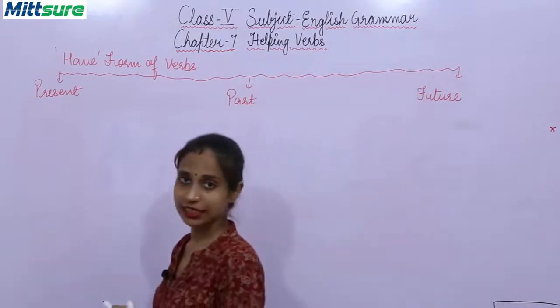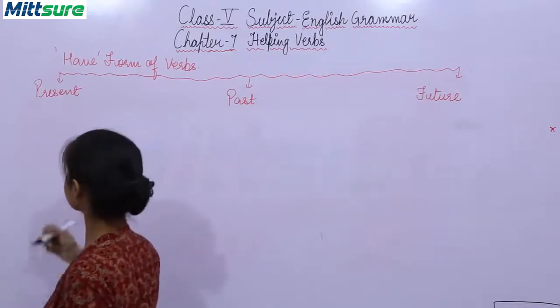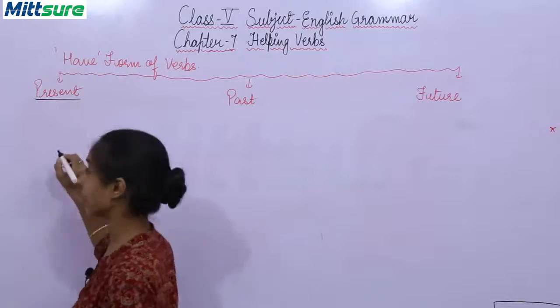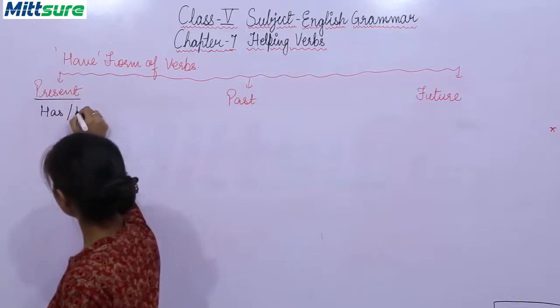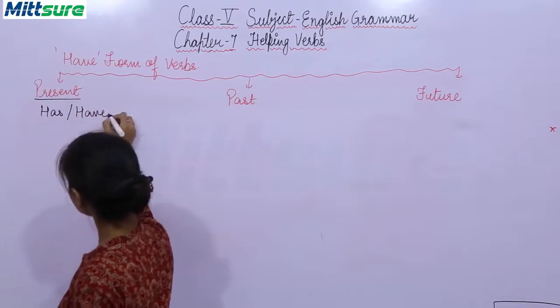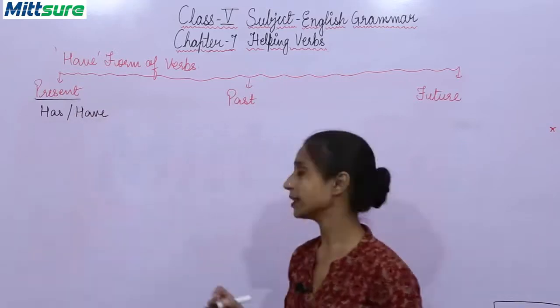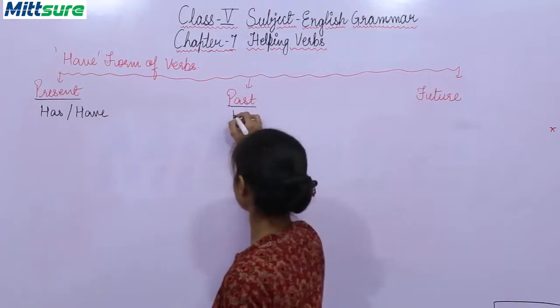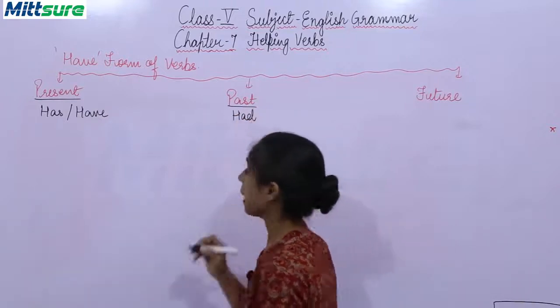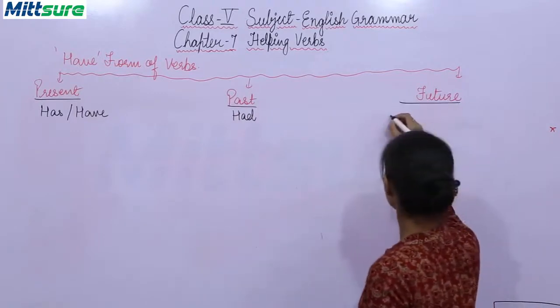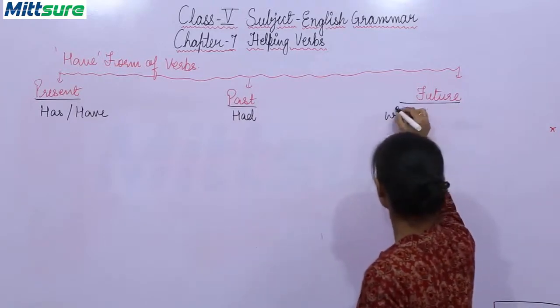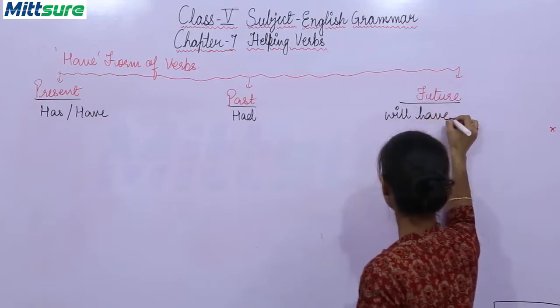Alright, now let us discuss the present tense. In present tense, have forms of verbs are has and have. In past tense, only one, that is had. And in the future tense, will have and shall have.